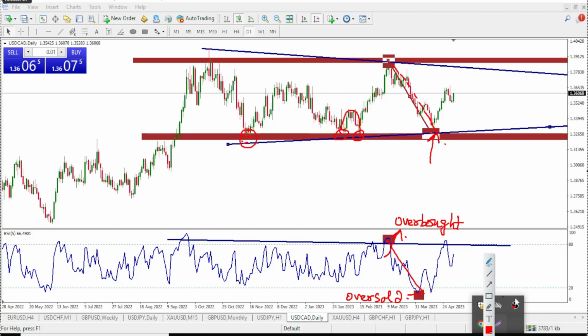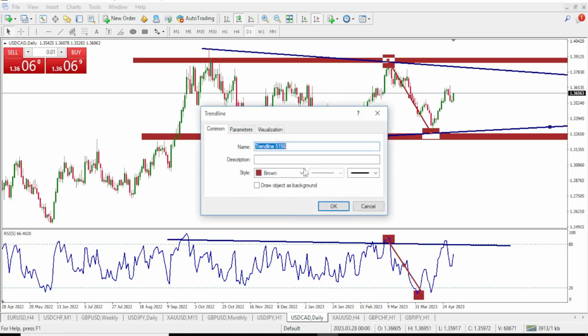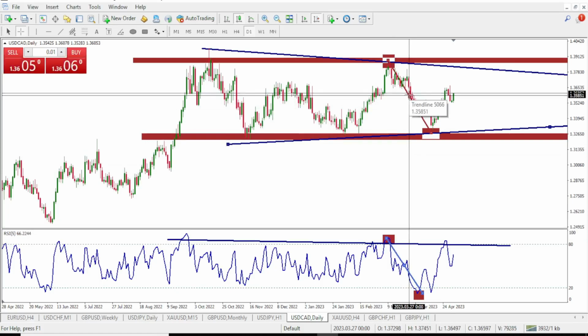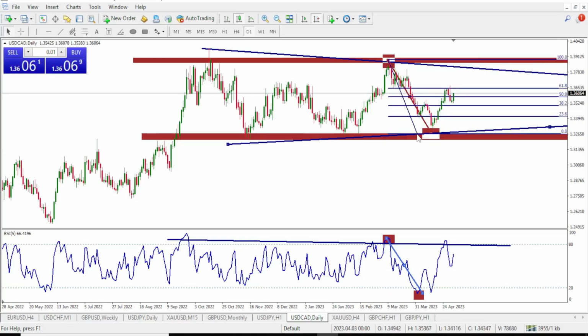Why? Let me show you. This is a strong evidence for these bulls, these bears, sorry, and these bulls, that market is going to retrace back up 61.8% retracement.